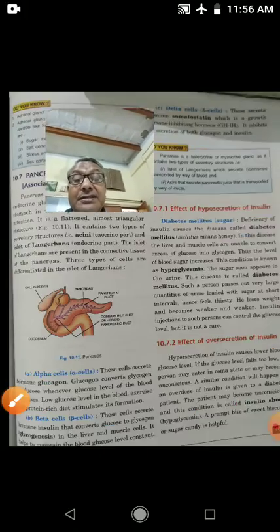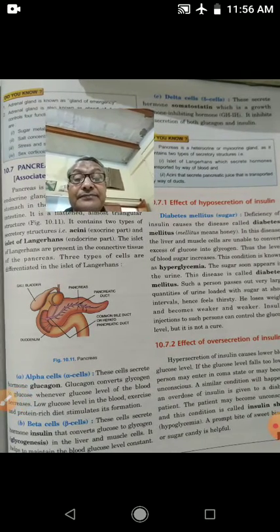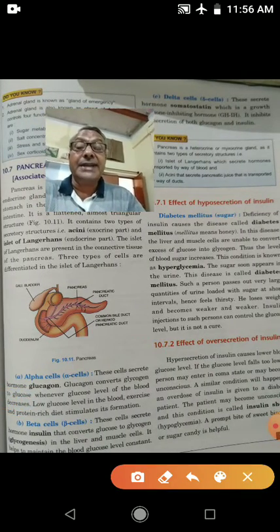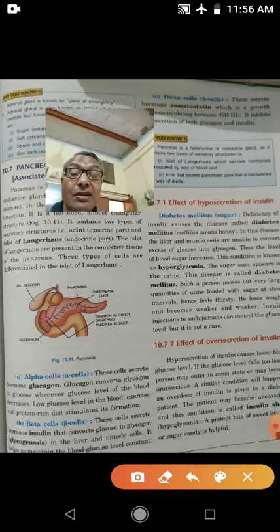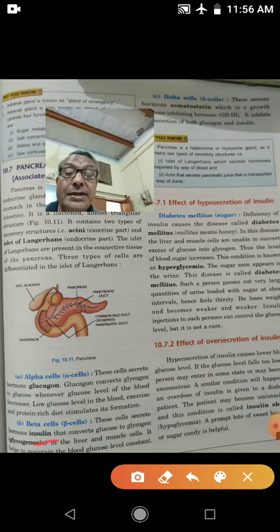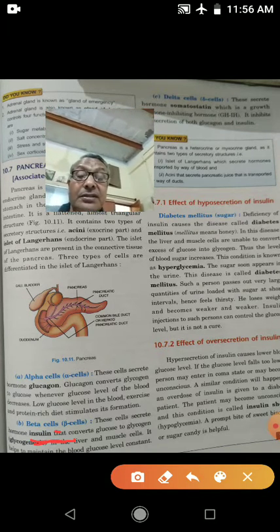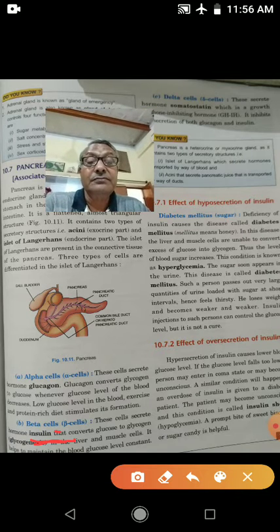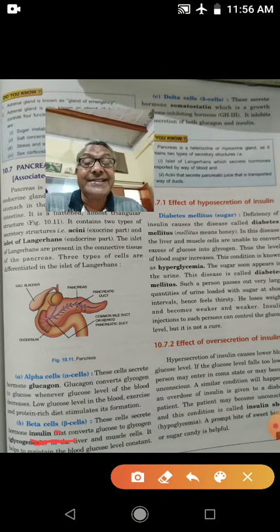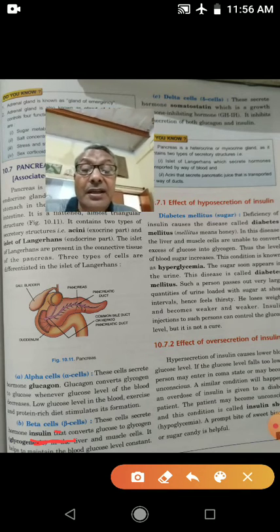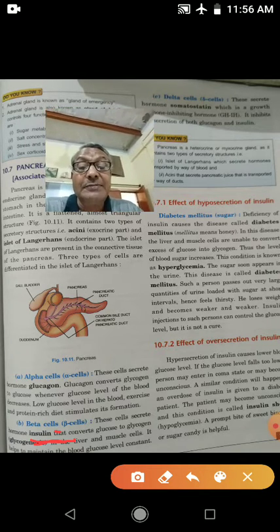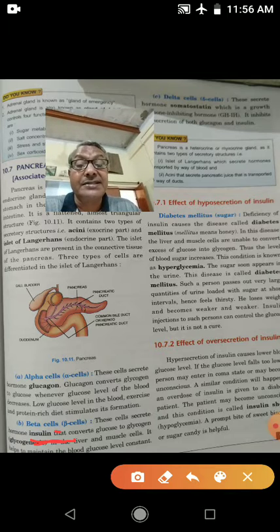The other is the beta cell, and the beta cell secretes insulin hormone. This insulin hormone converts excess of glucose into glycogen in the liver and in the muscles.